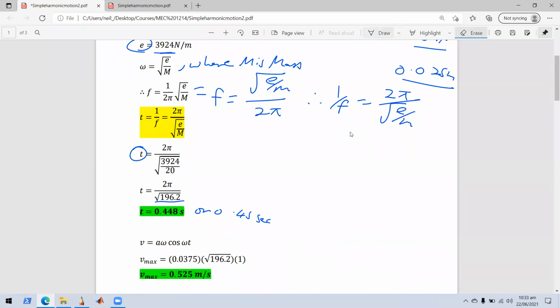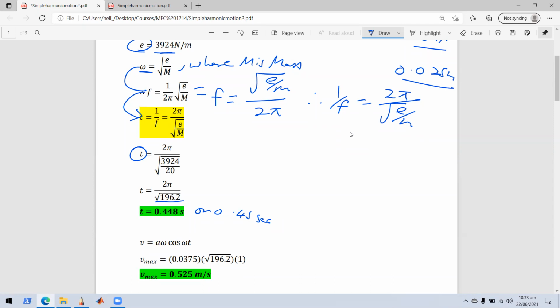So remember we moved from omega to frequency to time, right? You can calculate omega, that's perfectly fine, then divide by 2 pi, calculate frequency, then 1 divided by the frequency and calculate time, right?